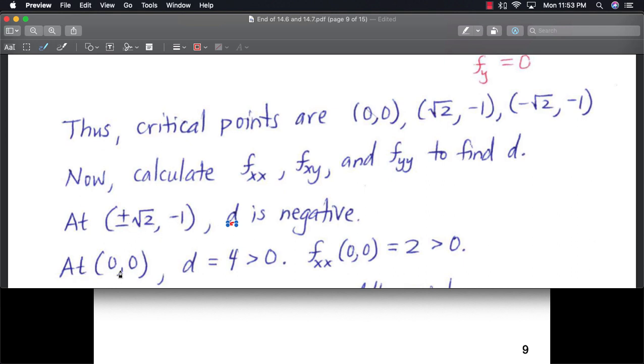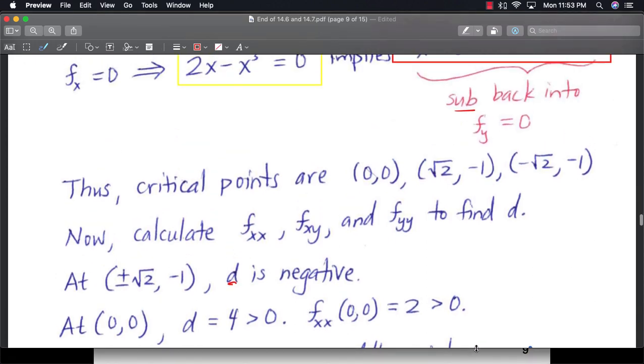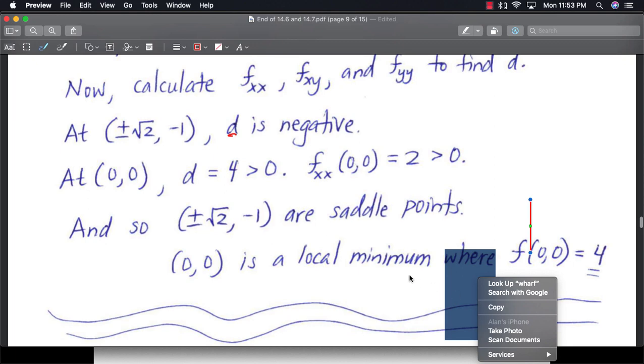Whereas at the origin, we actually get a positive number, and then we go ahead and proceed to calculate the double derivative at the origin. We get a positive number. So this, again, is the first case. When D is positive and the double derivative with respect to x is also positive, we have ourselves a local minimum.